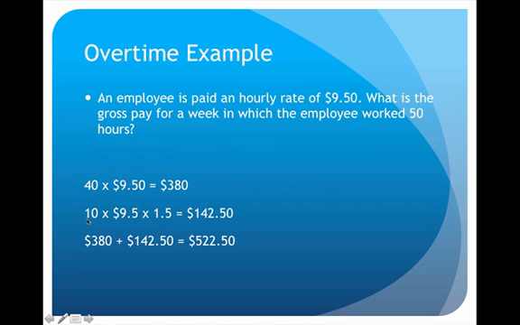So the extra 10 hours that the employee worked times 9.5 times the extra 1.5 gives us $142.50. And then we add that to the original $380 to get a total gross pay of $522.50. So that's our first example of dealing with overtime.